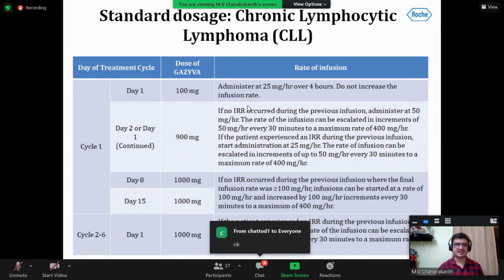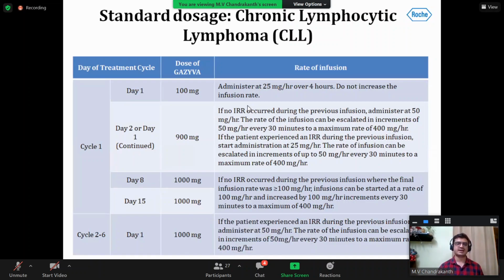So having said that, obinutuzumab has a different schedule when compared to rituximab. It has a different schedule for CLL and a different schedule for follicular lymphoma. So let us understand the schedule for CLL first. On day one, you must remember the dose of Gazyva is flat, 1000 milligrams per dose. In CLL, on day one, we administer 100 milligram, whereas on day two, we administer 900 milligram.